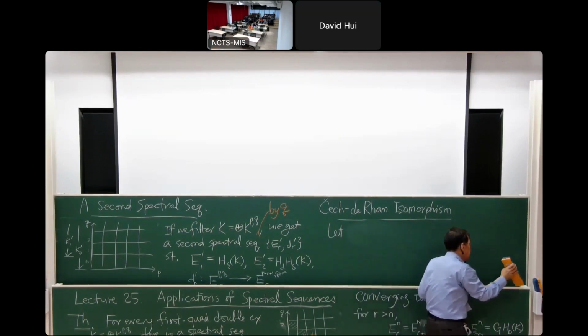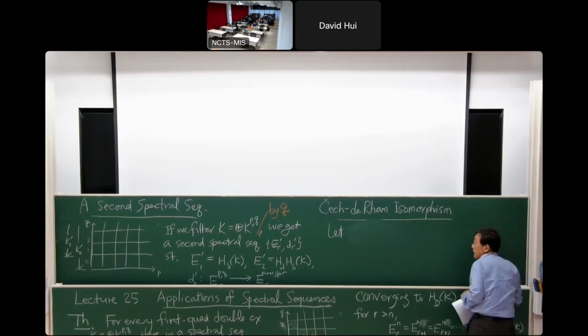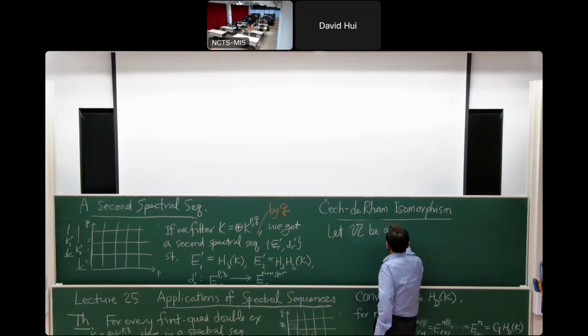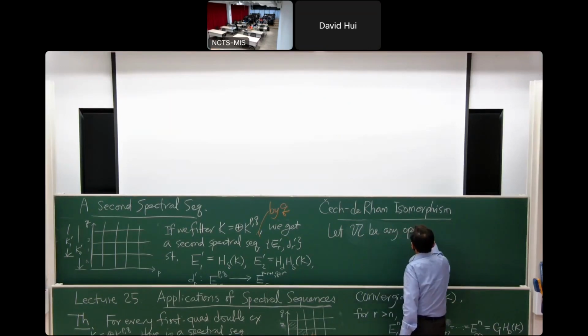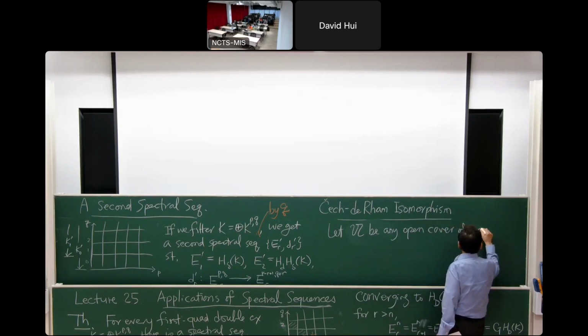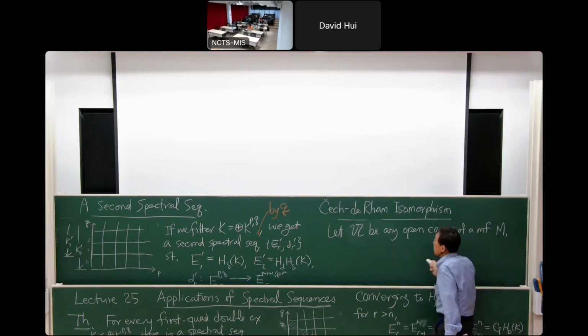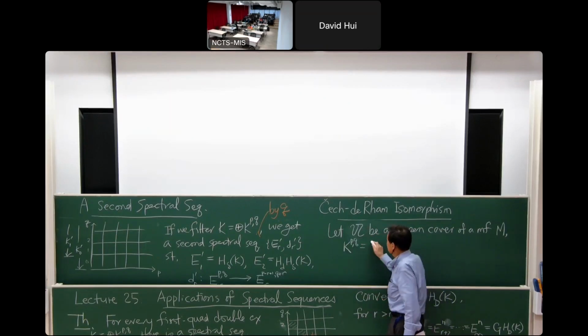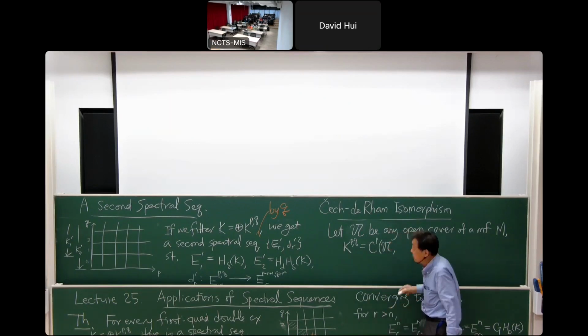So let U be any open cover of a manifold M, and then K^{P,Q} is the group of Čech cochains of the open cover with values in the Q-forms.